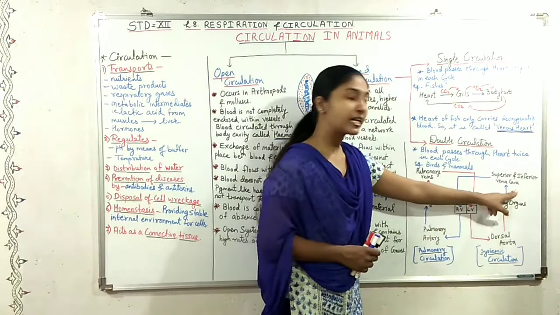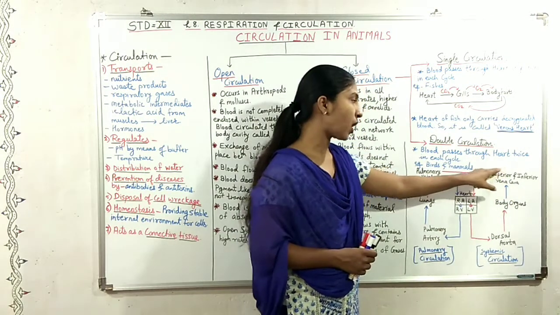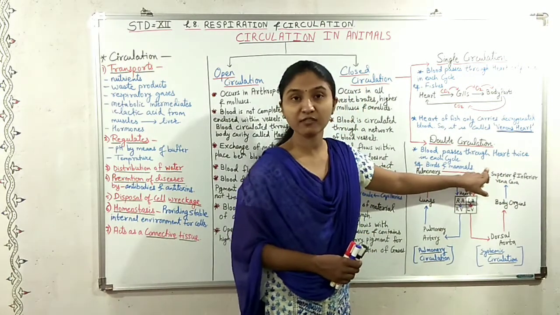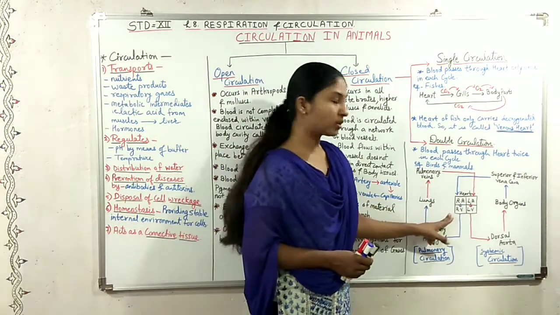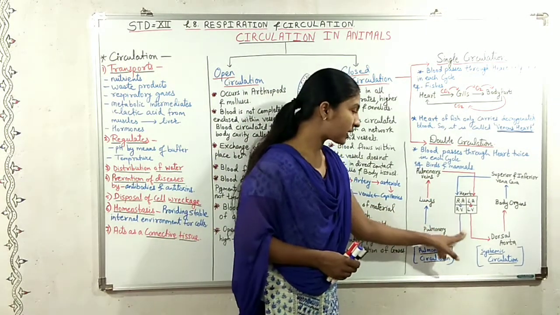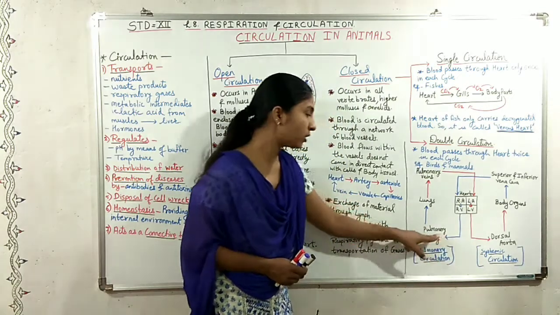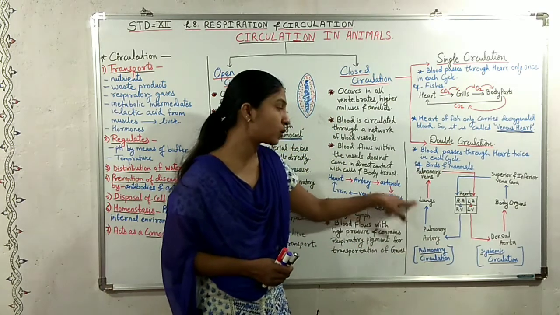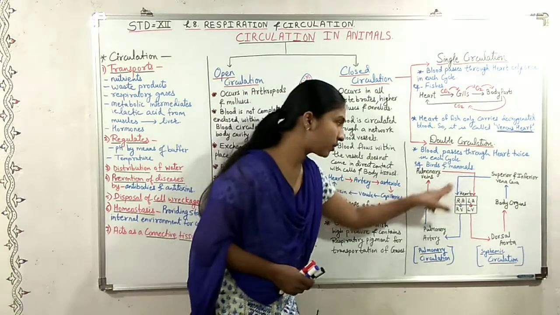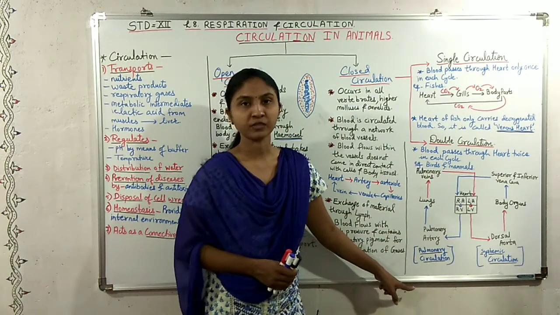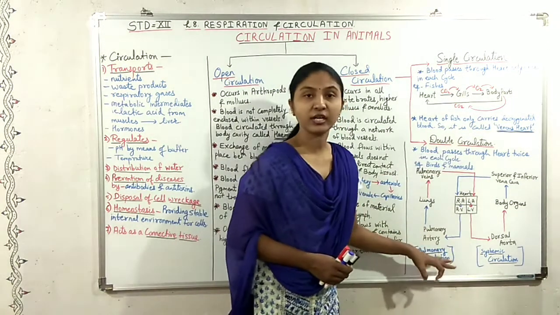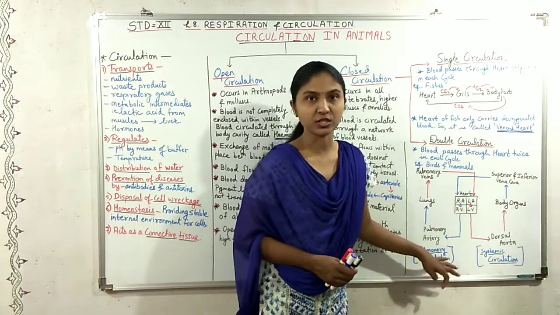And when the deoxygenated blood is brought by the superior and inferior vena cava to the right atrium, from the right atrium to the right ventricle, from the right ventricle it is pumped through the pulmonary artery to the lungs, this circulation is called pulmonary circulation. So this is the double circulatory system or double circulation.